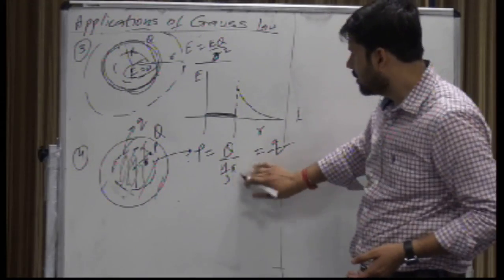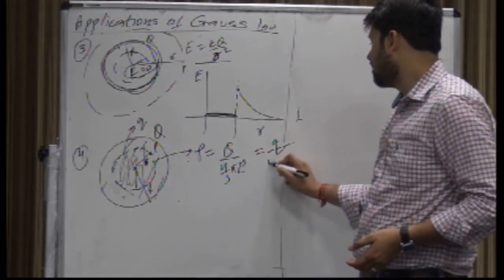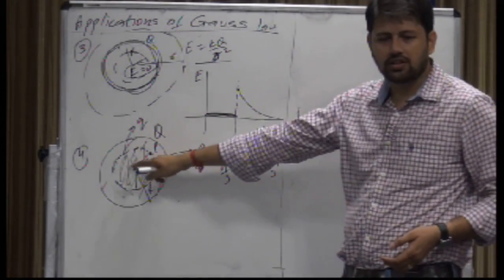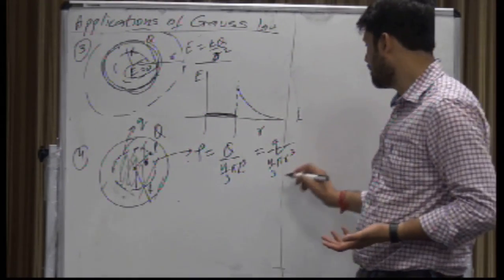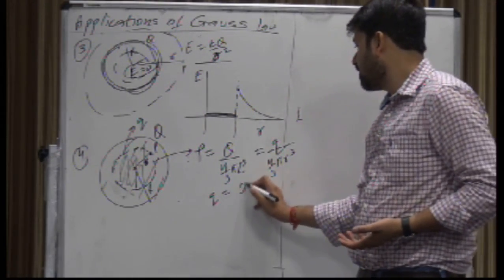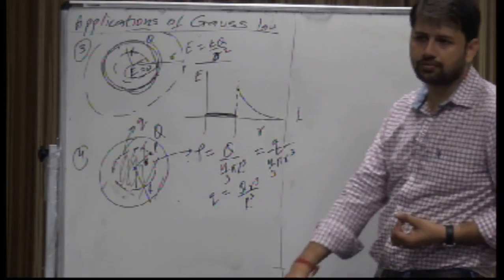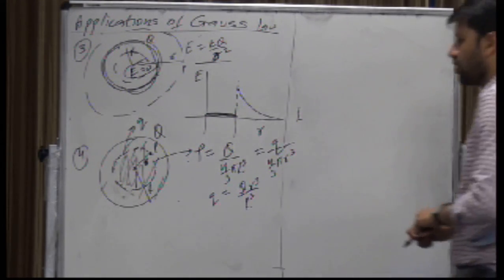The radius of the sphere is capital R, and for this small portion, the charge in the small portion upon the volume of the small portion. So the charge would be capital Q small r cube by capital R cube. This would be the charge inside the Gaussian surface.